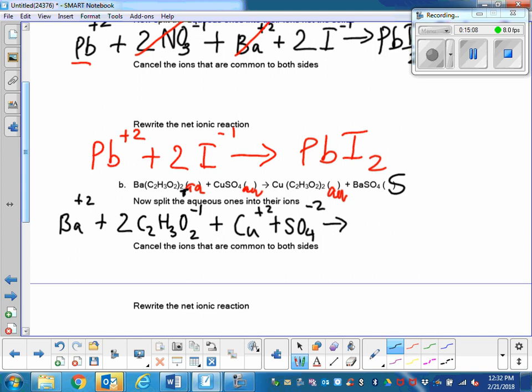Ba(C2H3O2)2 and there is a 2 outside. Do you see that? Oh, that's why it tells me there are 2 acetates. Okay? So that will split up into copper with a plus 2. How many acetates will it split into? Will it split into 2 again? Is that right? Do you see the 2 outside the bracket?